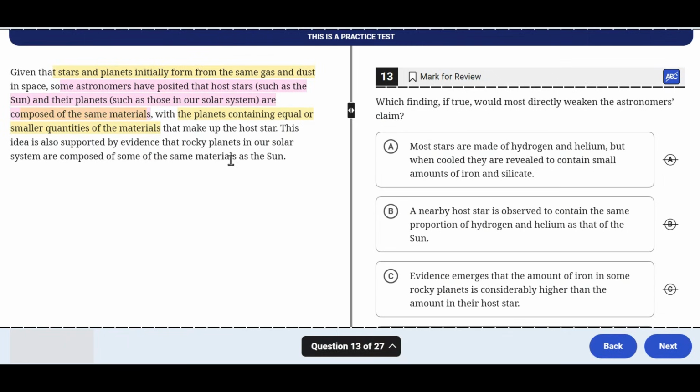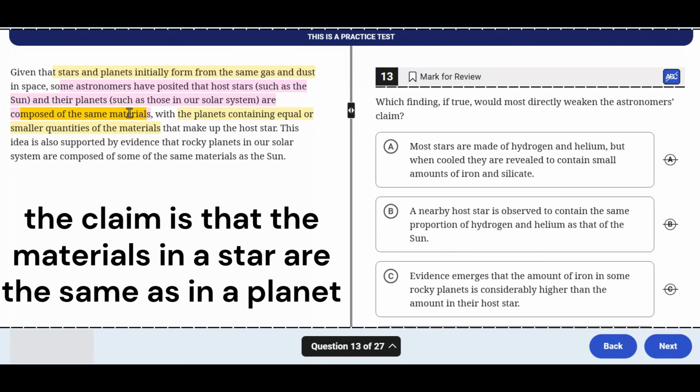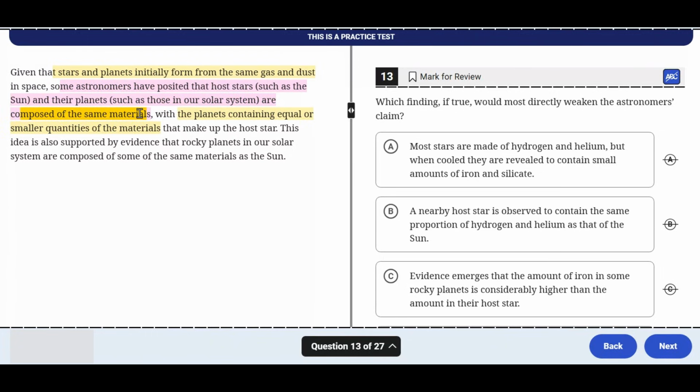So this is trying to claim that stars and planets, right, they're initially formed from the same gas and dust, so the materials that are in the host stars, like it says here, are going to be the same as are in the planets. So if you find a certain kind of gas in a star, you're going to find that same kind of gas in a planet. That's kind of what they're saying.